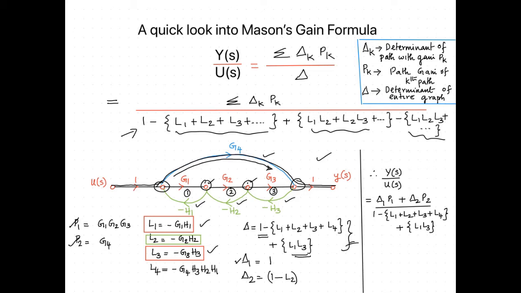Hence, in the equation for delta, we just need to use L2. So we can retain L2 in this equation, and we have delta 2 as 1 minus L2. Then substitute all these in the equation given above, and you can see that Y(s)/U(s) is as shown here.